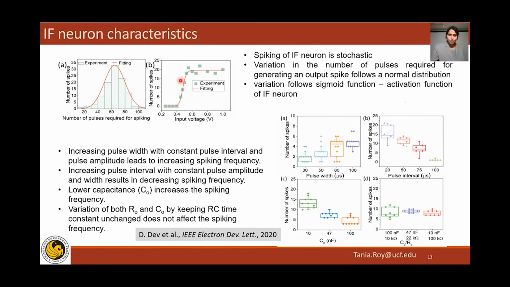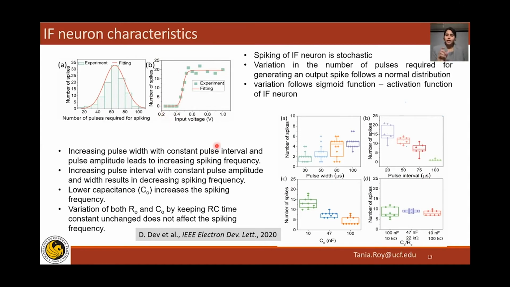So we plot the number of spikes as a function of the input voltage pulse amplitude, and we see that the spiking has increased. And if we fit this data, we find a sigmoid curve. So this now can be used as the activation function of the neural network. So this is a good neuron because it is acting as the sigmoid function for the neural network.